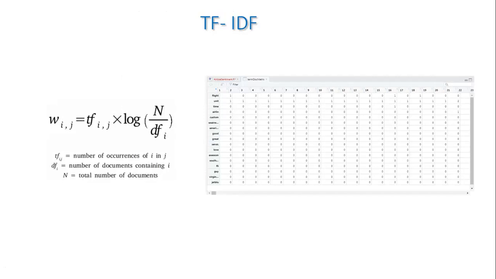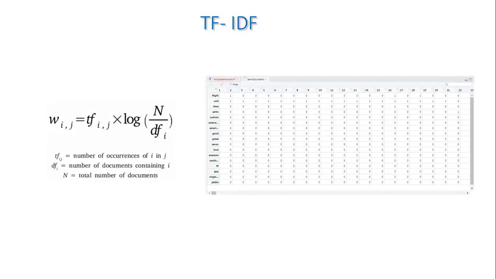Okay, if a lot of documents have this word, then you are going to weight that frequency down, weight the term frequency down, okay? So for example, let's say here you see the word unit, okay? It occurs with a frequency of 1 on almost all the documents. It's not going to add any value to the classifier, to the classification problem.